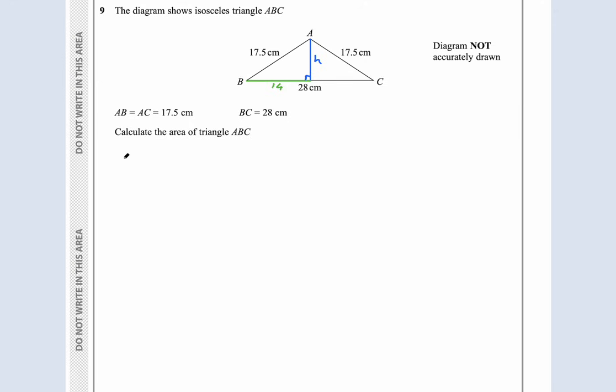So h squared plus 14 squared, this is Pythagoras' theorem, equals 17.5 squared. h squared equals 17.5 squared minus 14 squared, and then h is just the square root of 17.5 squared minus 14 squared.